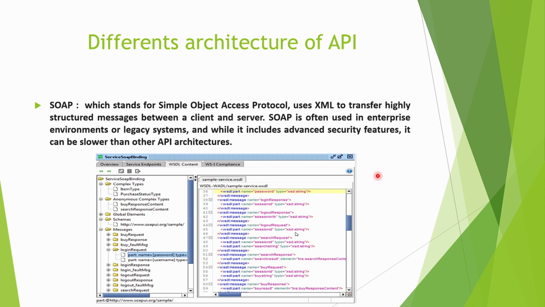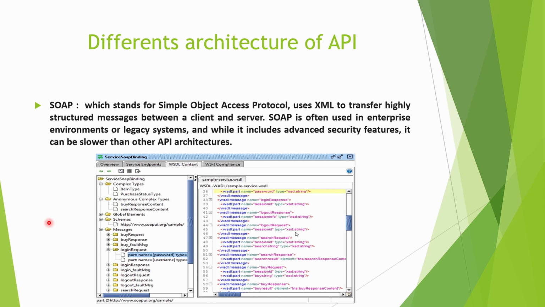It has more security features than REST APIs, and because of that it's a little slower than other API architectures. So we use SOAP APIs in environments where we need security, but where a slow response does not matter that much.